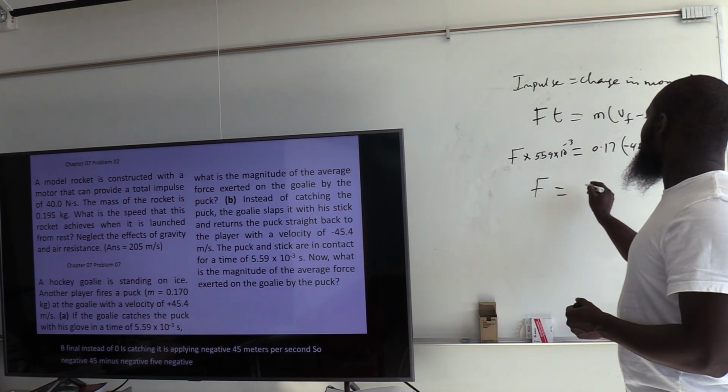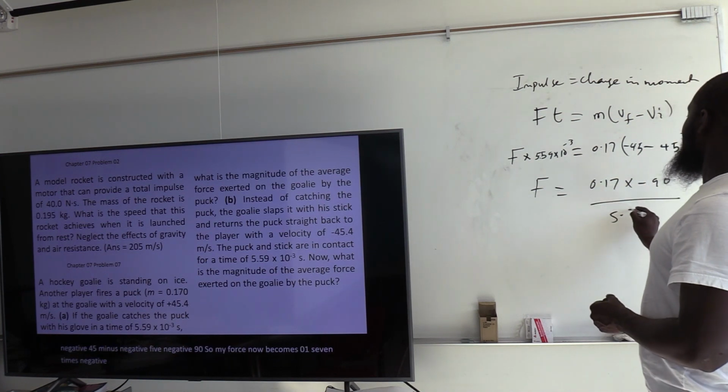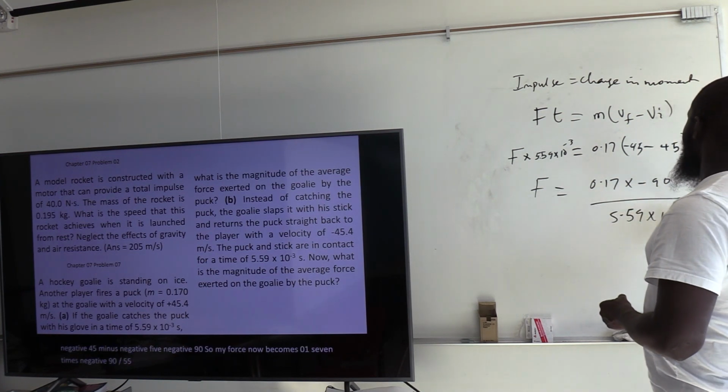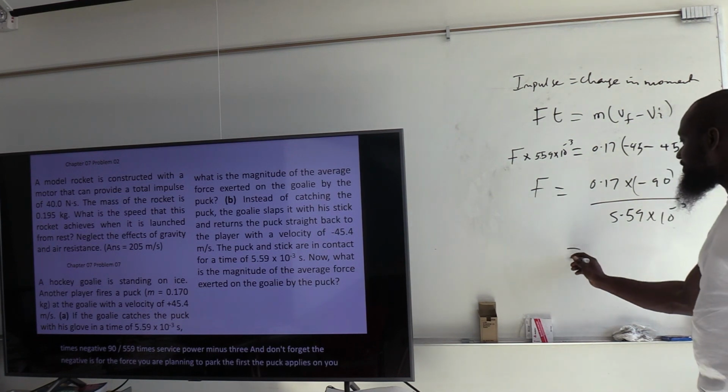So my force now becomes 0.17 times negative 90 over 5.59 times 10 to the power minus 3. And don't forget, the negative is for the force you apply on the puck. The force the puck applies on you becomes positive of whatever answer we get here.